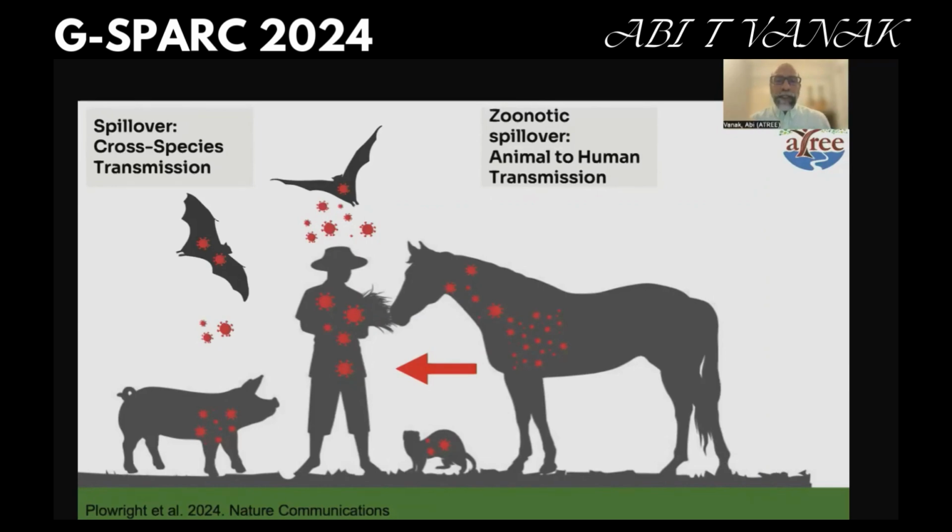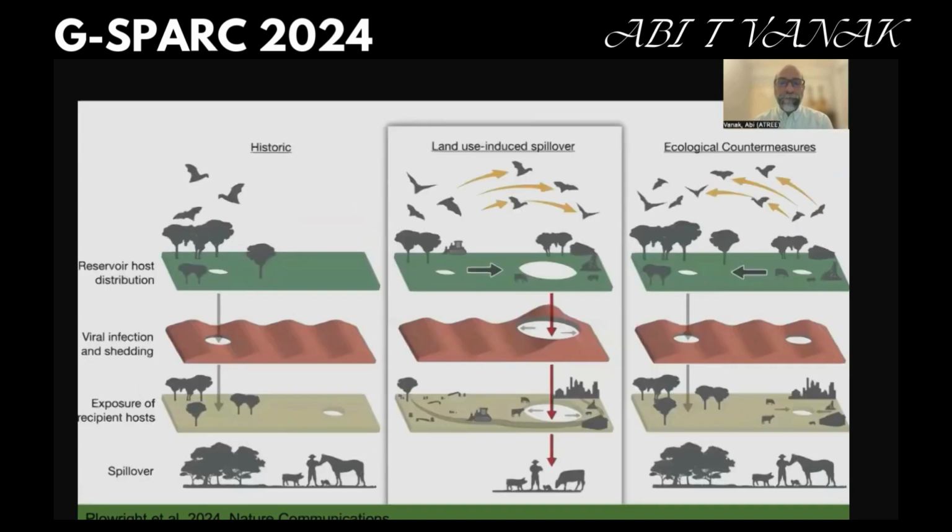Typically, how does a transmission of this sort happen? Let's examine some ecological factors or land use change factors that might result in these kinds of transmissions, and what it means for us when we want to bring ecology into the very basis of this. So let's imagine that there is some reservoir host distribution, say, for example, bats. They could be bats, rodents, primates, any kind of wild animal, and they live in some natural space.